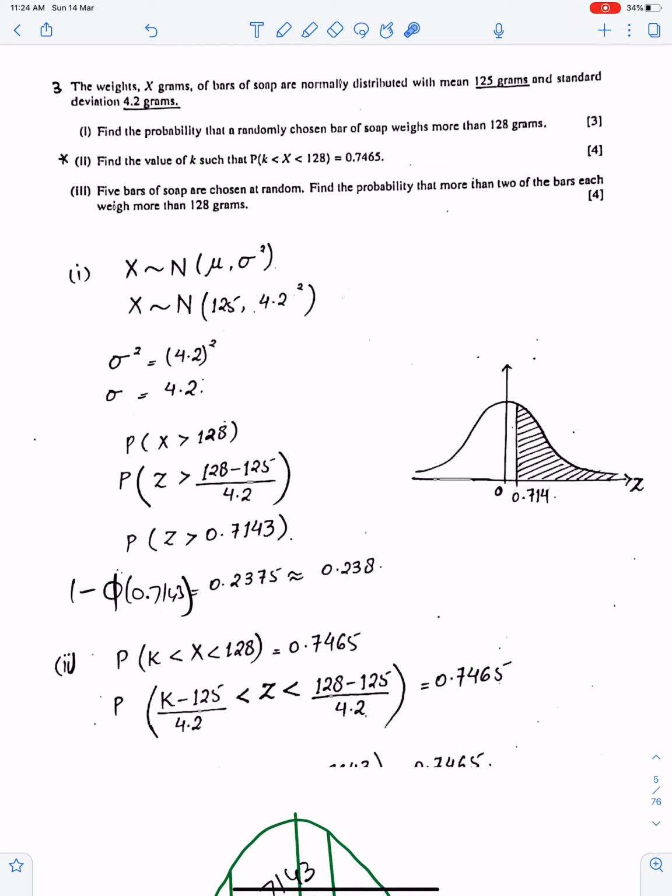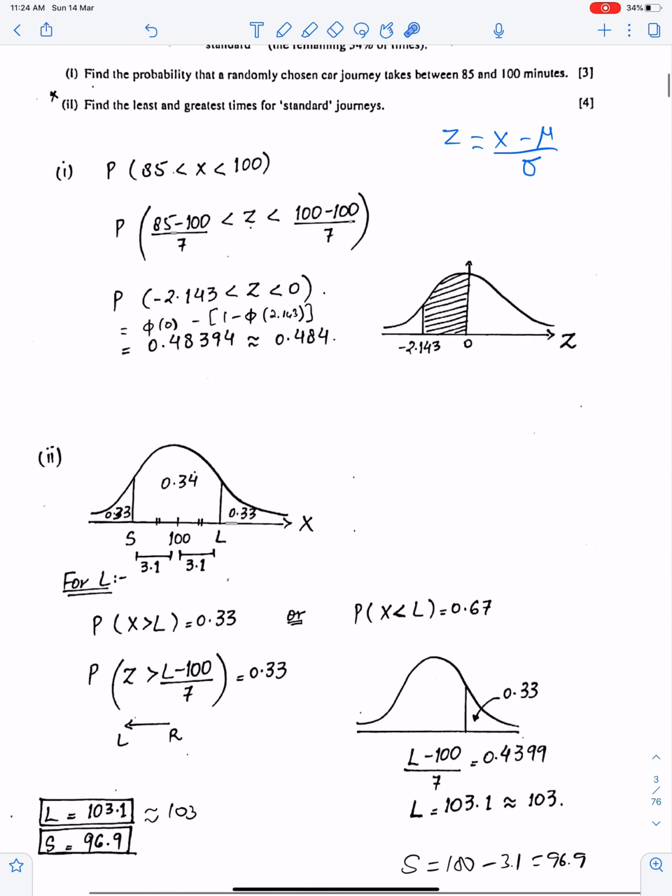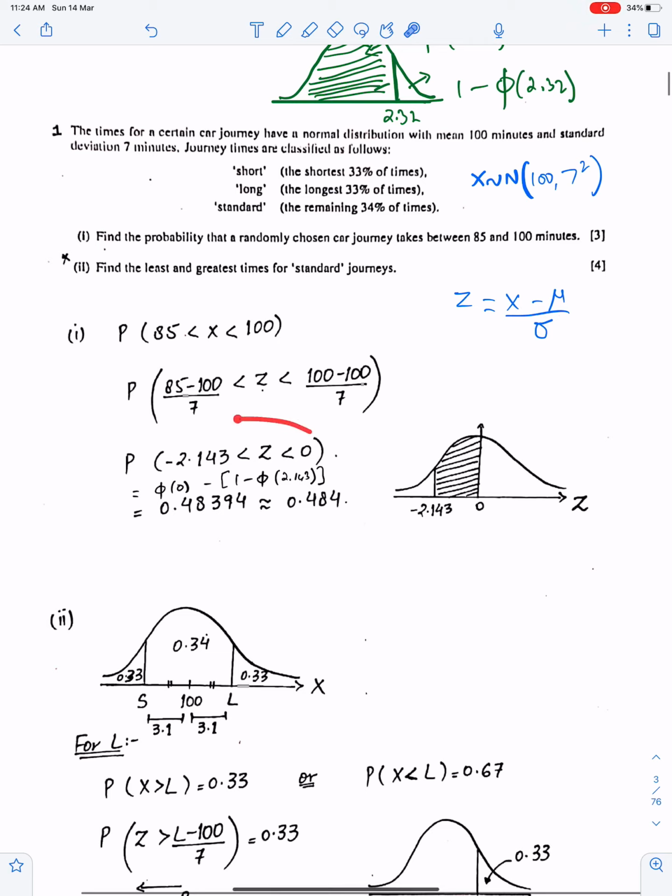Now the next part. The next part of this question is very important. One of the most important questions of normal distribution, because this is unknown. See, one very important concept. When both numbers are known, like we have numerical values, so even if we have negative value, we write positive here. This is very important.